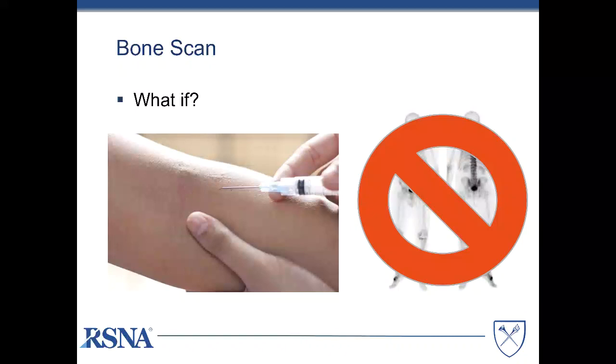So, code the lowest level CPT code in the intended body area. You may bill for the procedure completed, such as a limited examination. In this case, code 78300, bone and/or joint imaging, limited area, and a modifier should be assigned, such as modifier 52 for reduced service or modifier 53 for discontinued service.